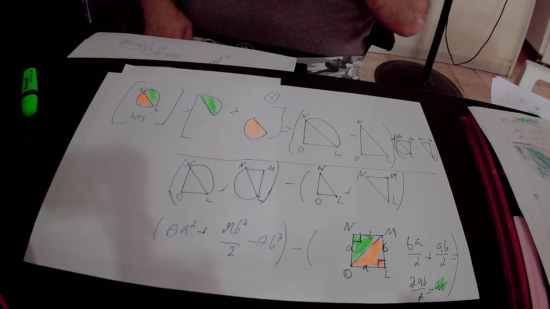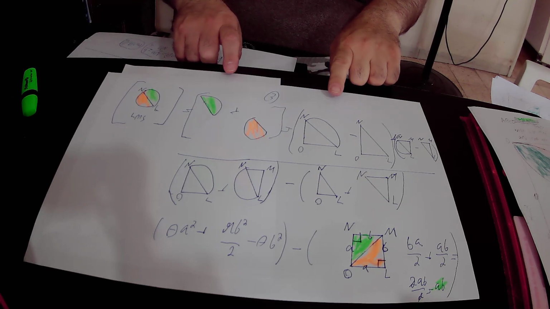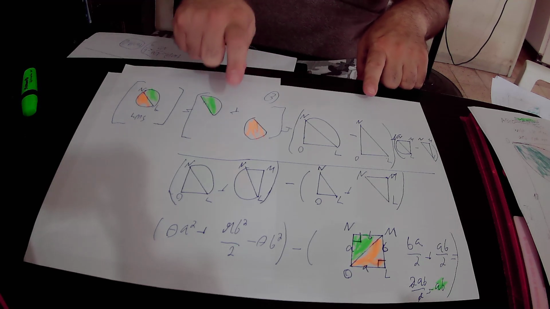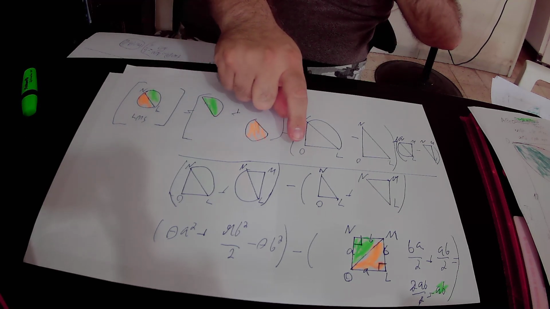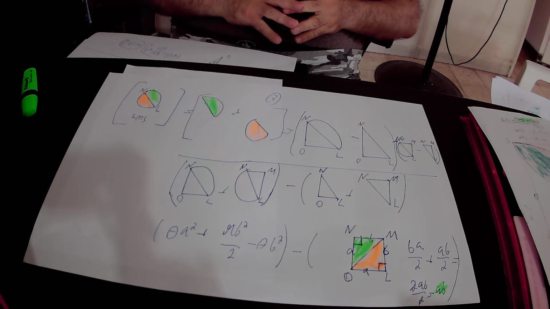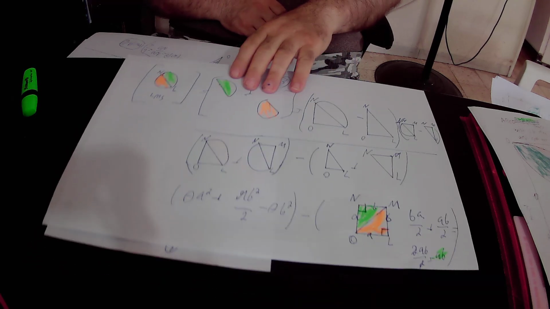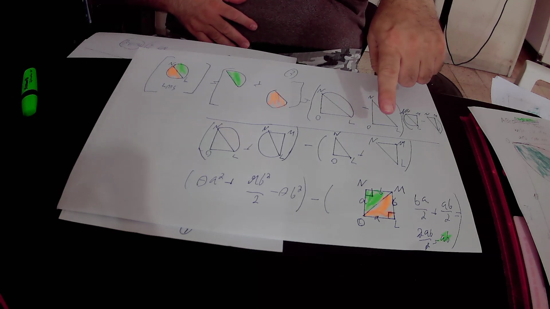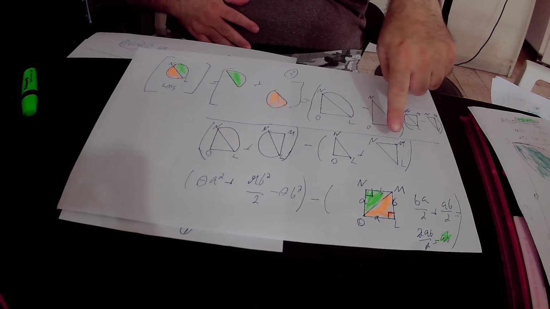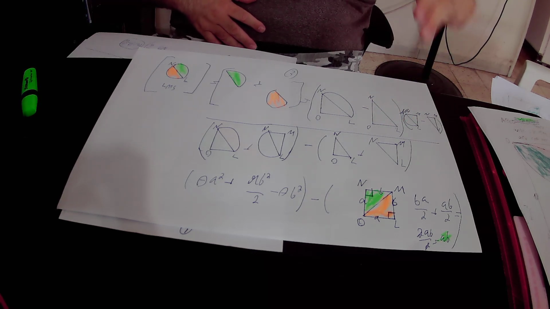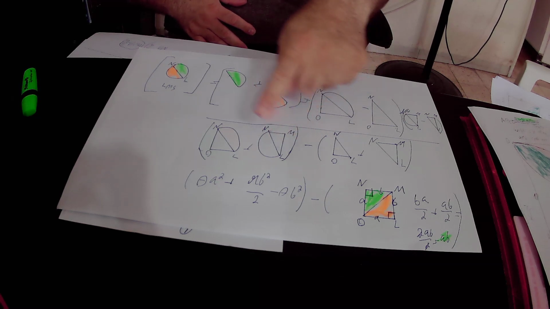Okay? So here, it is actually equal to the sum of the areas of the two sectors minus the sum of the areas of the two triangles. And we already found out that the sum of the areas of the two sectors equals this expression. Now our mission is to find the sum of the areas of those two triangles, and then we will subtract that sum from this expression.